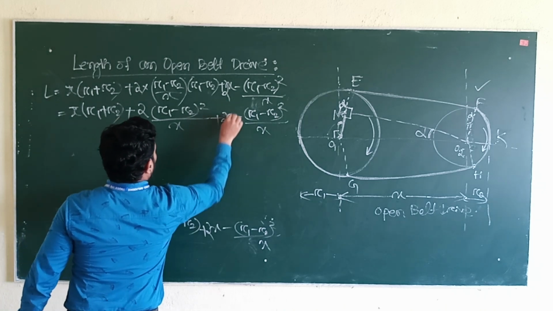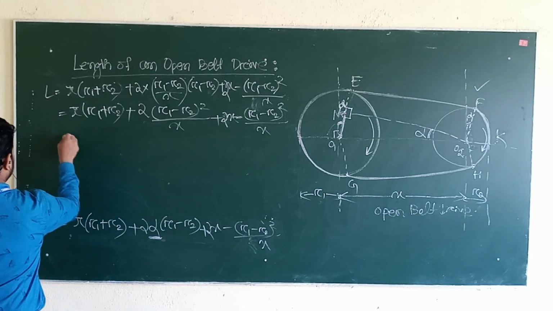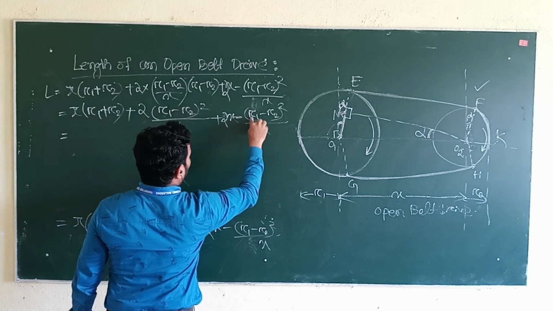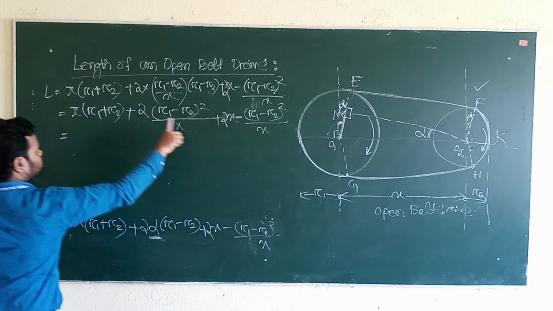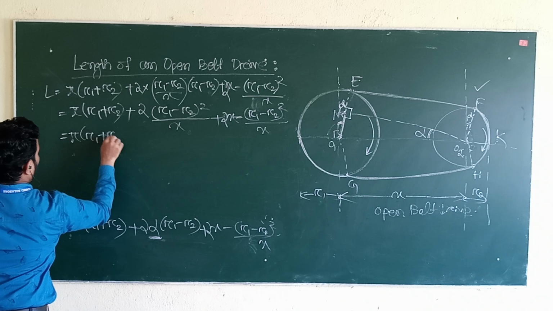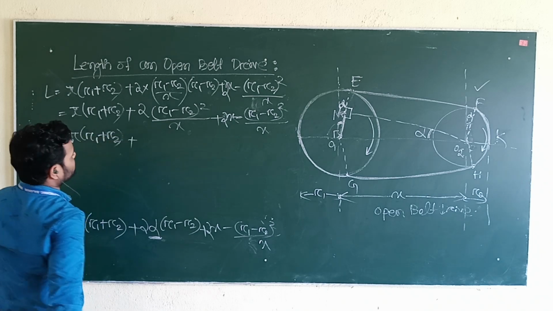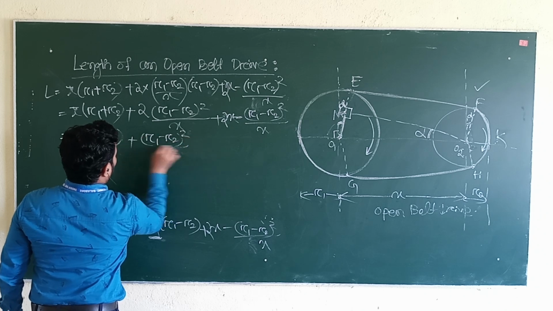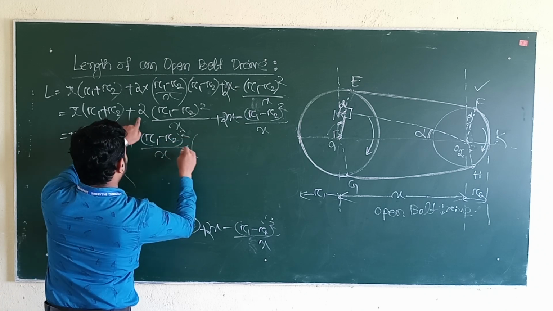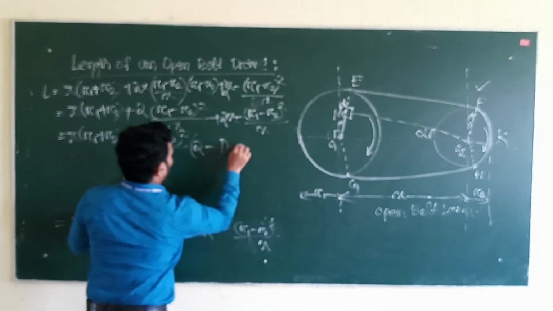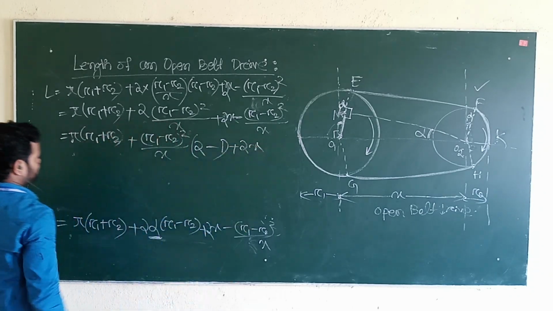Now this R1 minus R2 square by x, here you will also have R1 minus R2 square by x. This is common. So pi R1 plus R2 plus, if we take common R1 minus R2 square by x, then the remaining part is 2 minus 1 plus the remaining part 2x.